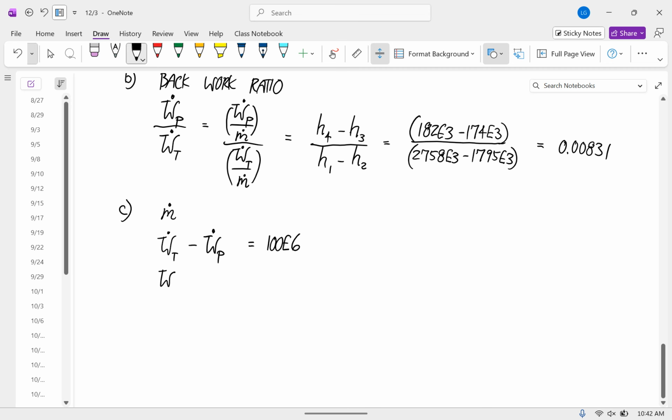And we know that WT dot over M dot is equal to H1 minus H2, which is 2758 times 10 to the third minus 1795 times 10 to the third. So this is 963 times 10 to the third.